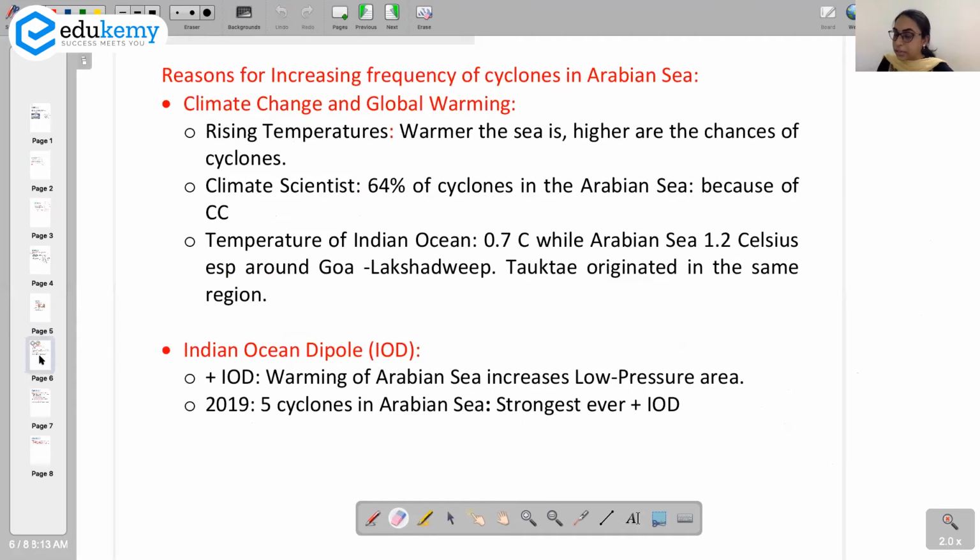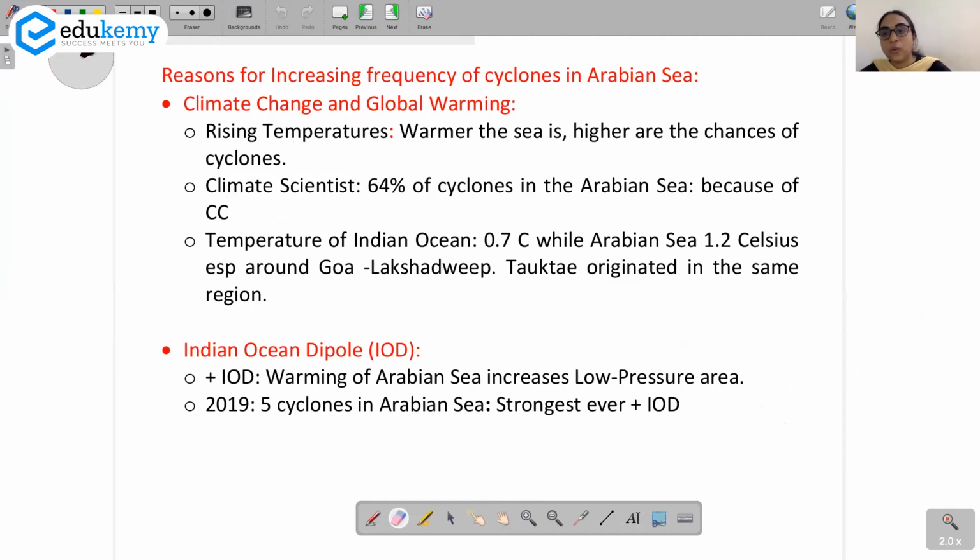Now we should understand why cyclones are increasing more in the Arabian Sea. One reason we have already seen, that is global warming and climate change. If we see that the Indian Ocean temperature is increasing by 0.7 degrees Celsius, as compared to this, the Arabian Sea temperature is increasing by 1.2 degrees Celsius.